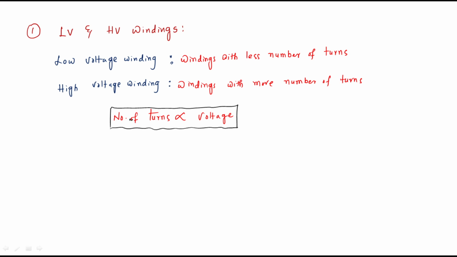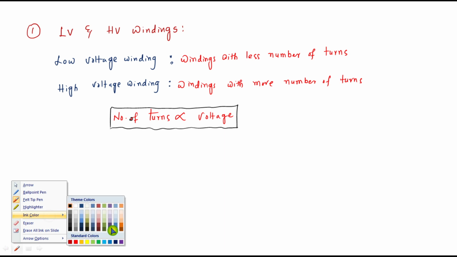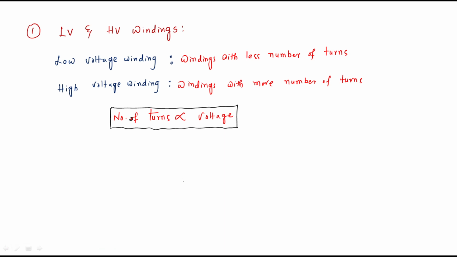But here the number of turns which are directly proportional to the voltage, whether it is LV or HV. So now I would like to represent where is LV and where is HV winding that we are going to obtain in transformer.